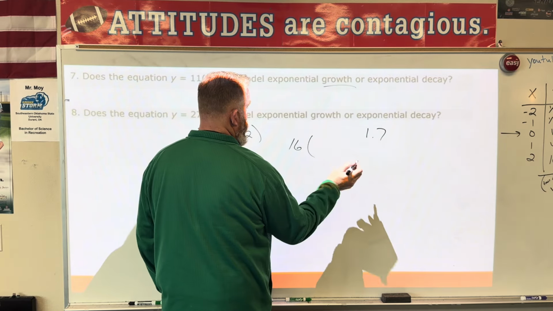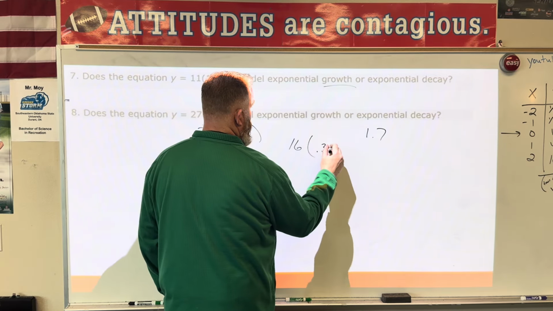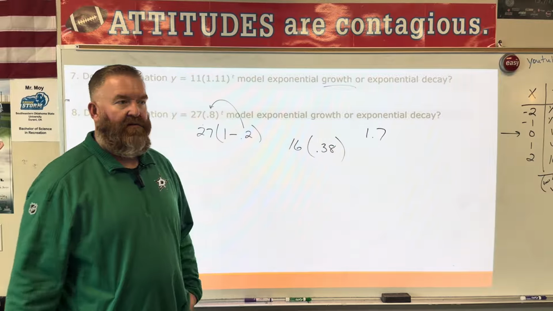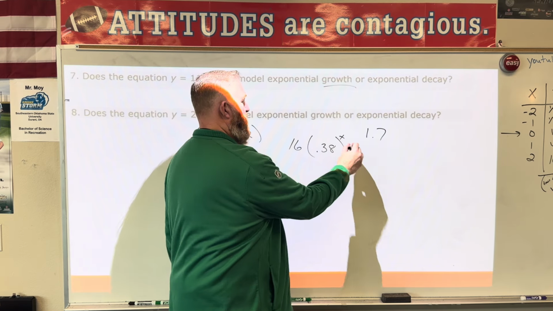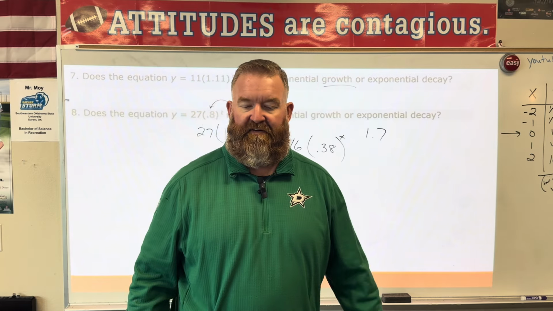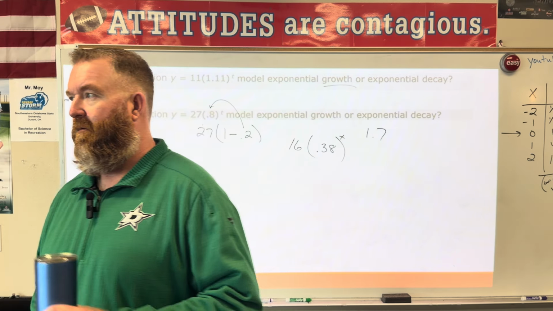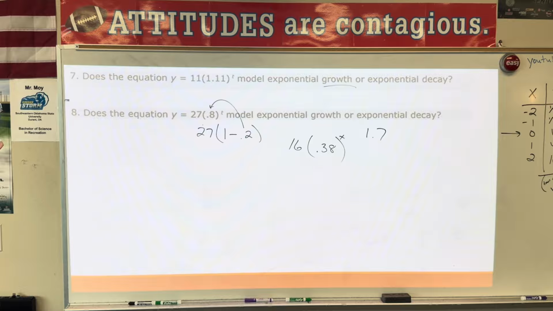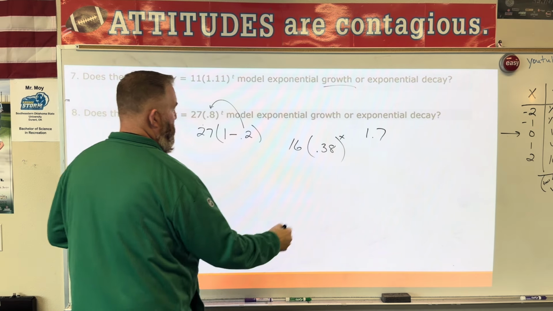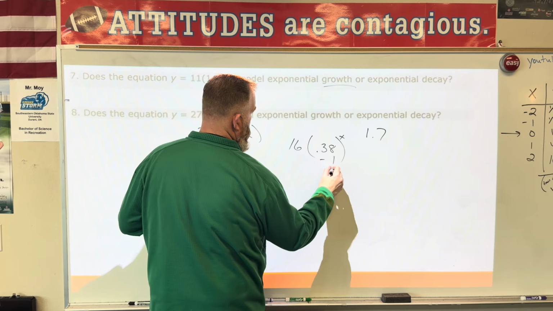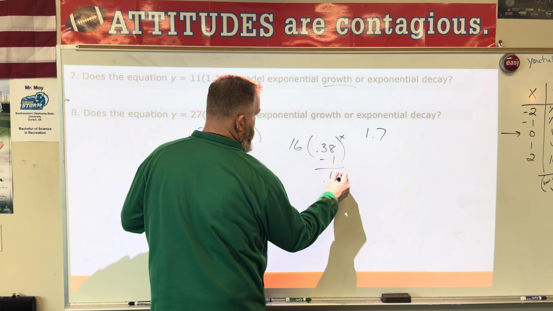16 parentheses, let's go 0.38 to the x power. What rate did that drop? Find it for me. Yeah, I want the percentage. I don't want the decimal. Give me the percent. 62%. Because if you go 0.38 minus 1, here's what you should have. 0.62.